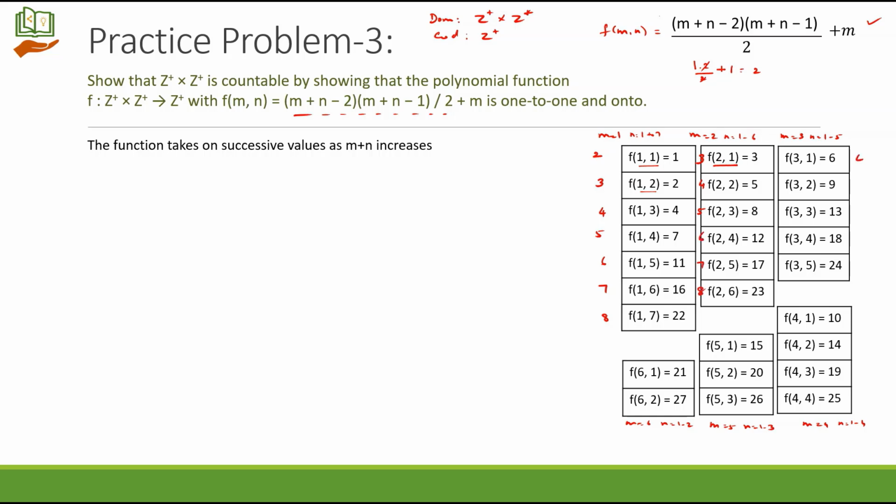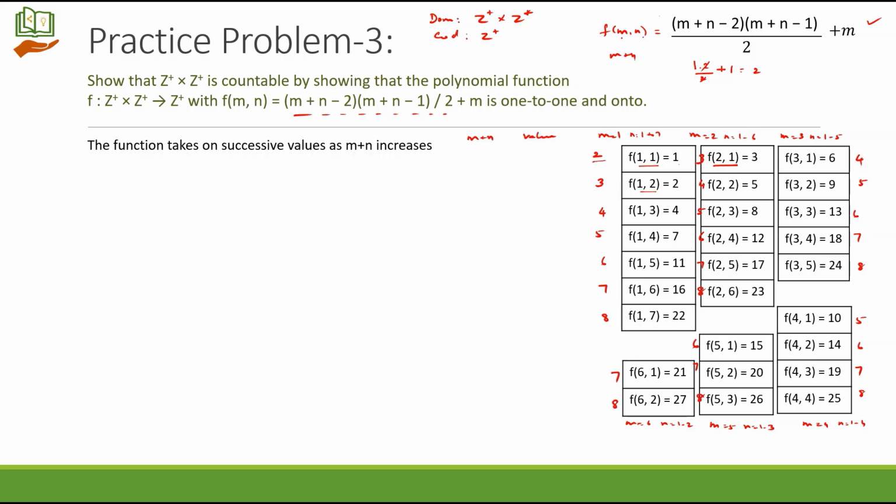Here it is 4, 5, 6, 7, 8. We have f of m comma n. So whatever is inside the brackets, just add those numbers, you will get m plus n. Similarly, you have 5, 6, 7, 8. Then you have 6, 7, 8. Then you have 7, 8.